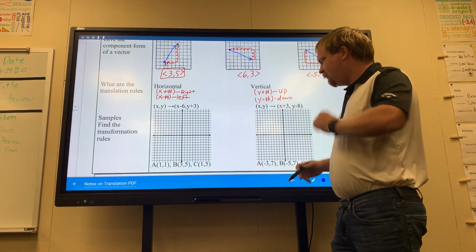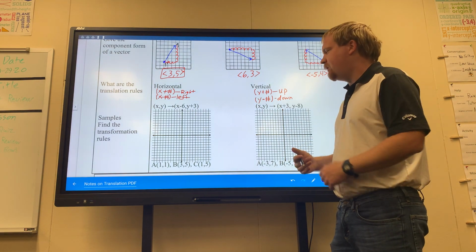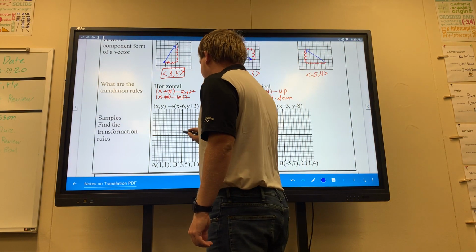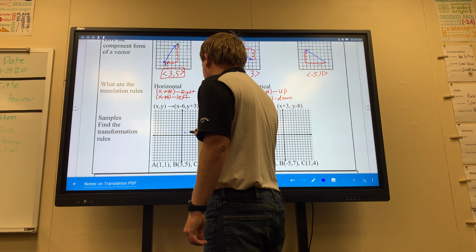Now, first off, I want to be able to draw out the pre-image of the figure. So I'm going to plot my points.